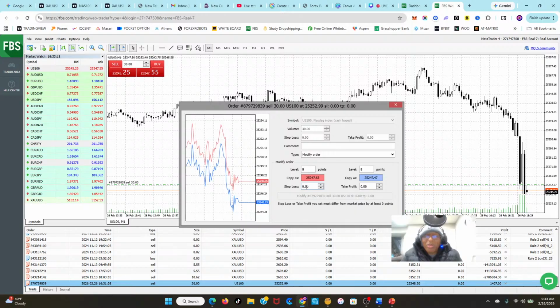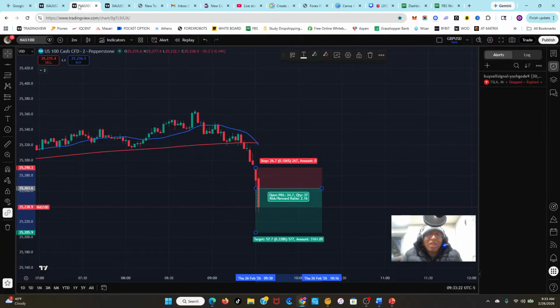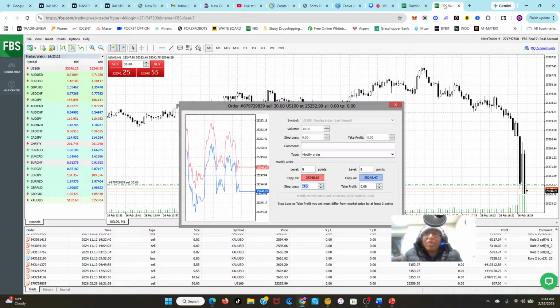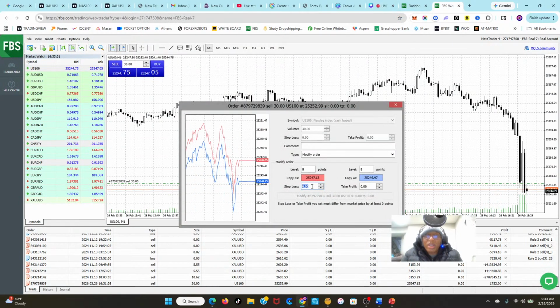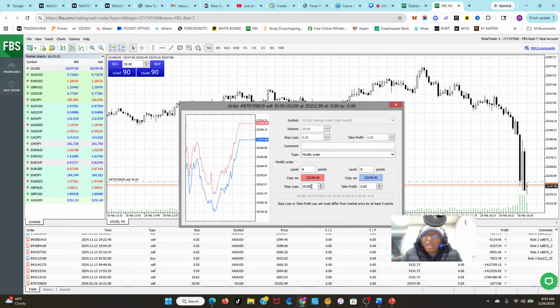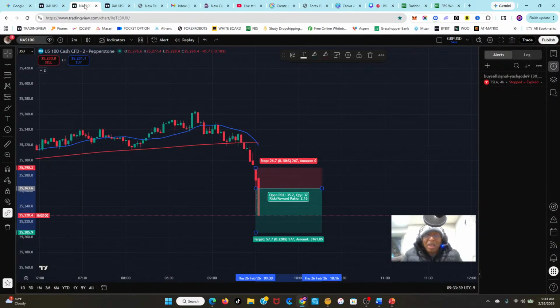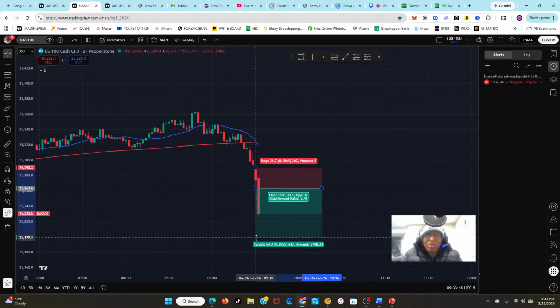What did we say is the stop loss? This one right here, 25,290. Okay, stop loss is 25,290. We can set a take profit, okay, take profit of 1 to 3 or 1 to 2.